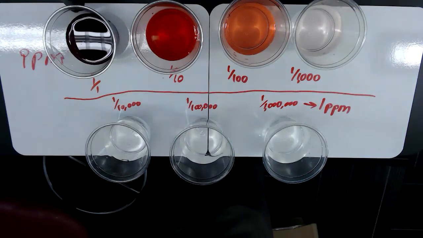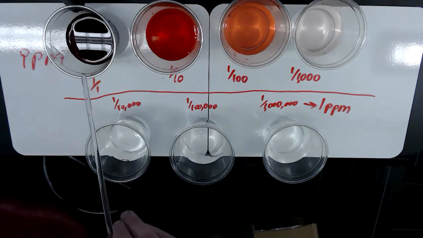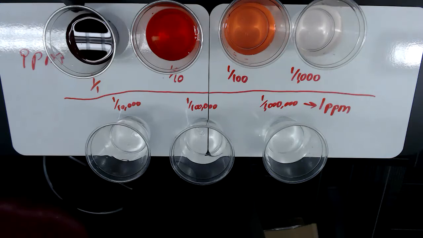Okay. So this is called a serial dilution. Serial, spelled S-E-R-I-A-L. And what we have done was mix different concentrations of, you can think of this as salt or think of it as pollution. Okay.